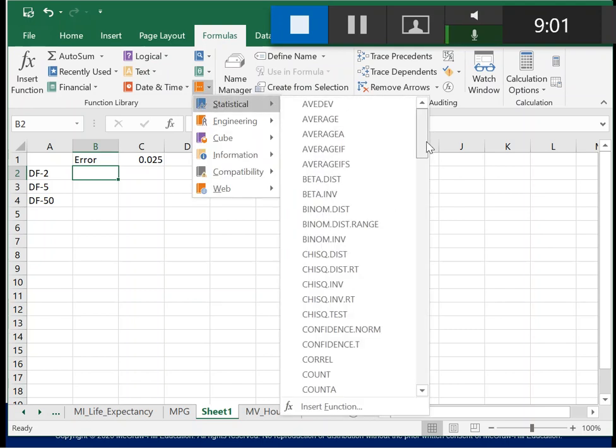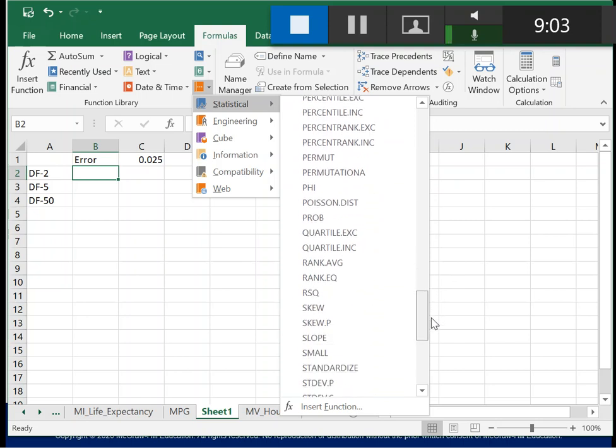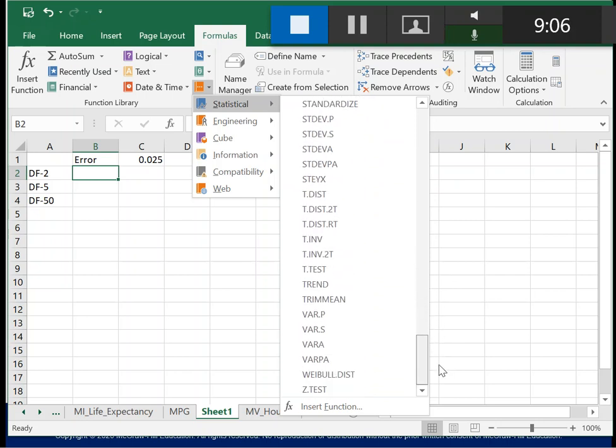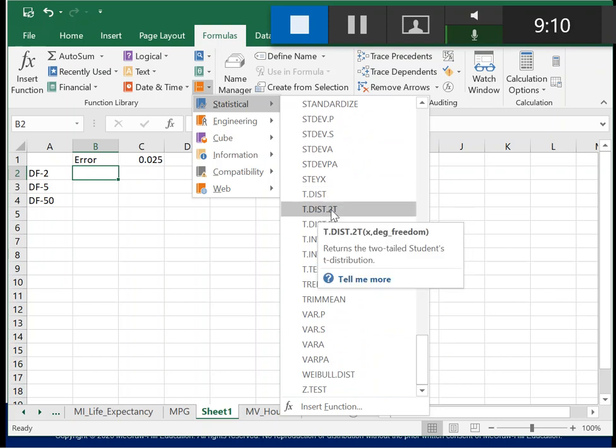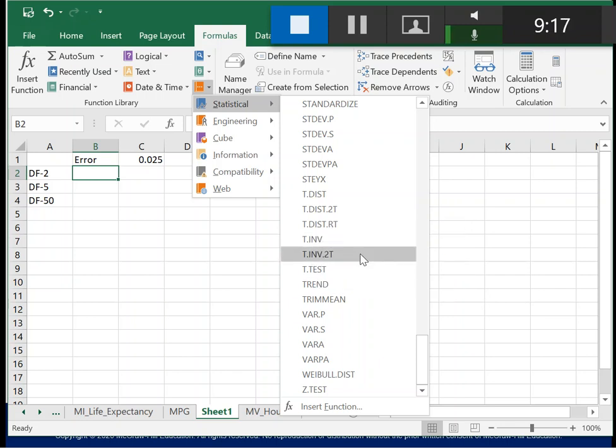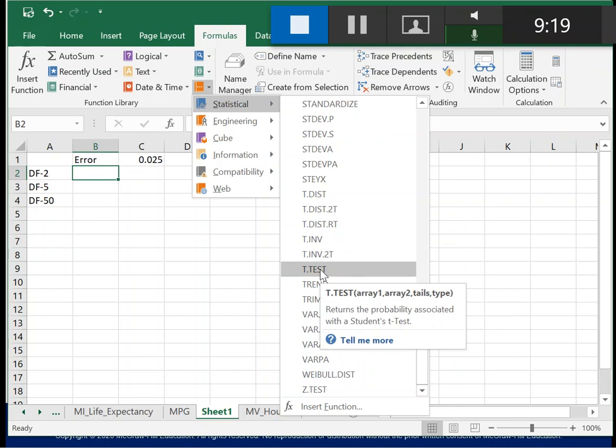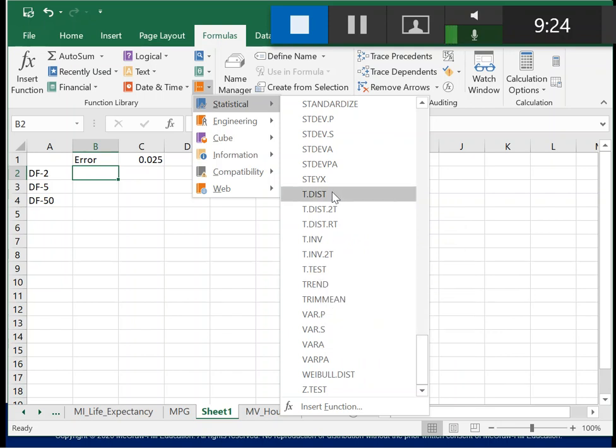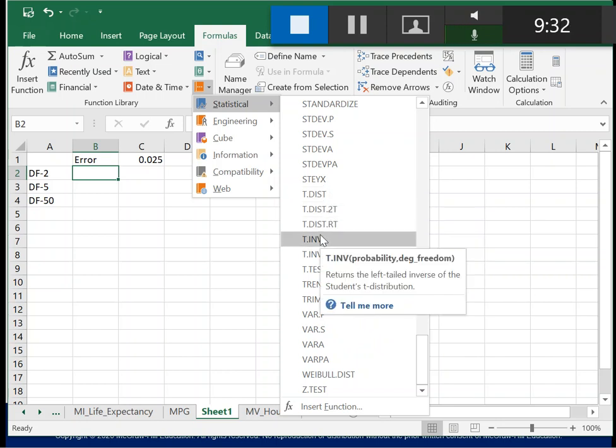Now I'm going to scroll down here, and I want you to notice there are a lot of t functions. There's T.DIST and T.DIST.2T, and then there's T.DIST.RT, and then there's T.INV, and T.INV.2T, and then there's an actual T.TEST. So it may make logical sense to think, hey, I'm calculating the t-distribution, I'm going to use the t-distribution function. But in Excel, that's actually not what we want to calculate here.